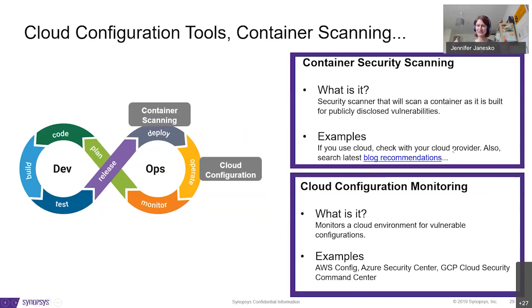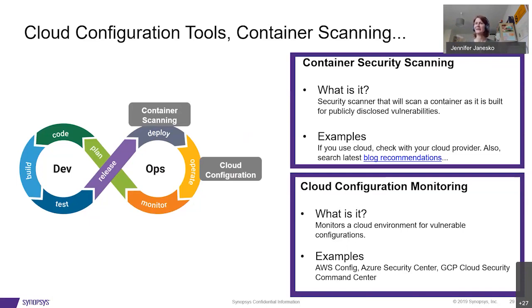So this space is changing very quickly and maturing very quickly. And it's really hard to find a definitive list that tells you which scanners are the best, just because it is changing so rapidly. So this is what I would recommend to you. If you're interested in this kind of scanning, and you are in the cloud, if you're in AWS or Azure or GCP, look to see what they offer, because I can almost guarantee you they will have their own cloud native version of a scanner.